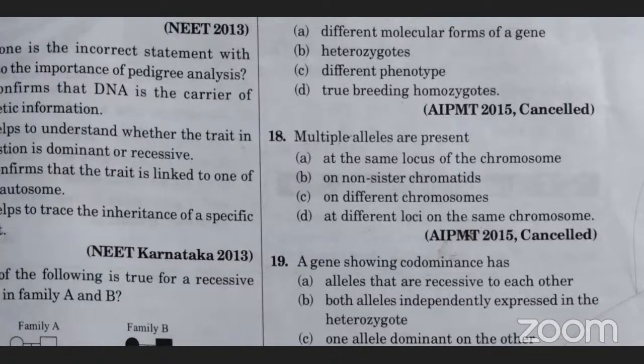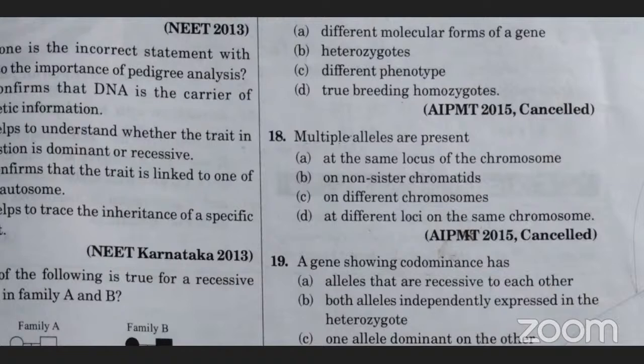A, different molecular forms of genes. I explained alternative forms of genes. Alternative forms are known as different molecular forms of genes. Clear? It is not heterozygous. It is not heterozygotes. Clear? So alleles are different molecular forms of a gene. That is the correct one.